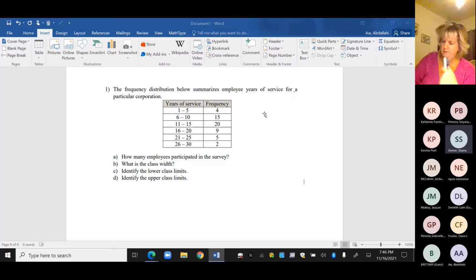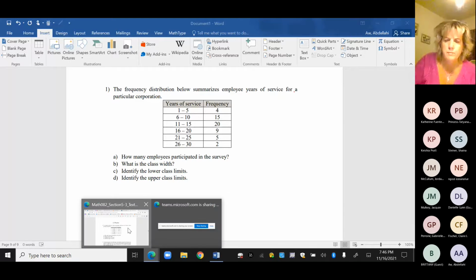Exactly. It's 5, not 4. It's either 6 minus 1, or 11 minus 6, or 16 minus 11, or 21 minus 16, or 26 minus 21. They all give you 5, 5, 5, 5, right? The lower limits are, of course, 1, 6, 11, 16, 21, 26. And the upper limits are 5, 10, etc. Okay? So this gives you the vocabulary about that.